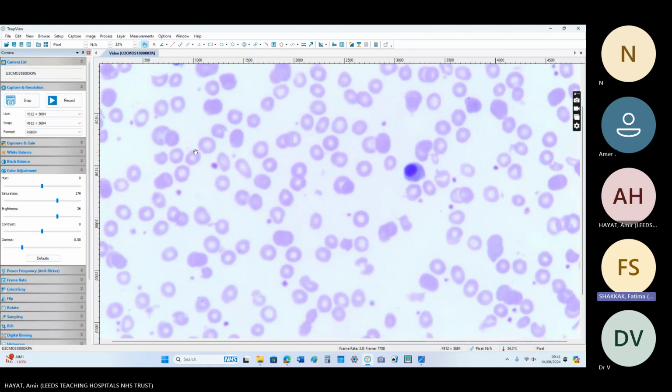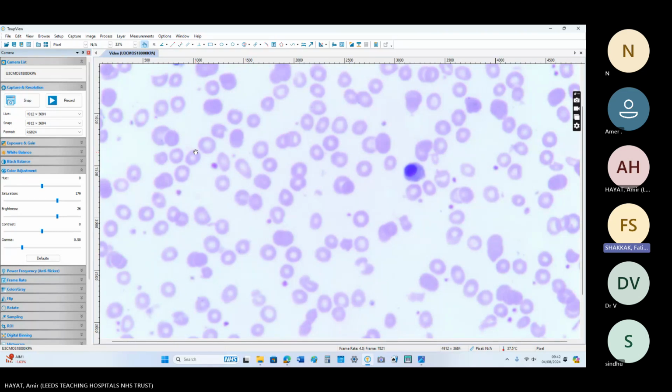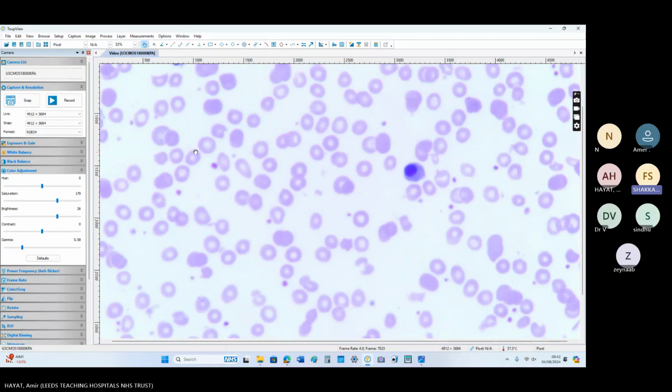How old is the patient? The patient is 33 years old. Okay. So I think TTP, HUS, especially with this renal impairment. I'll consider that on top of my differential.